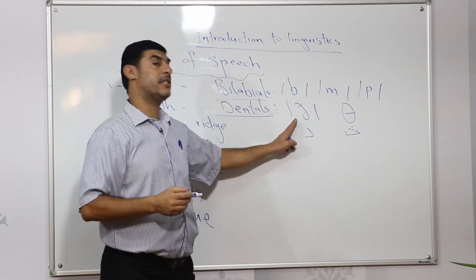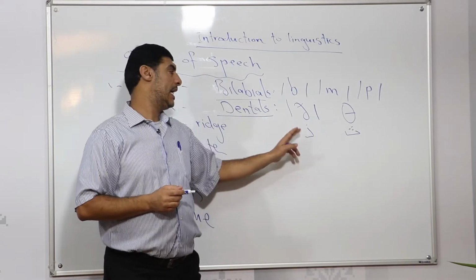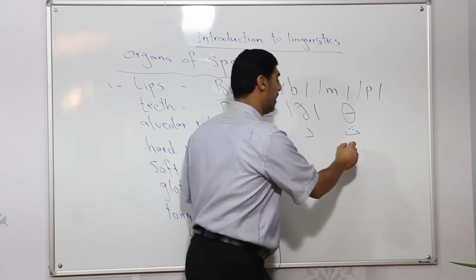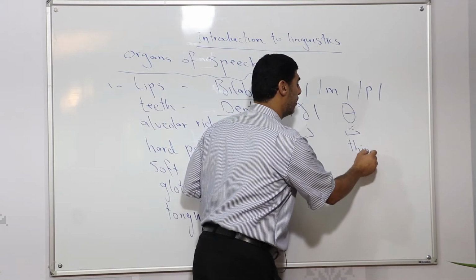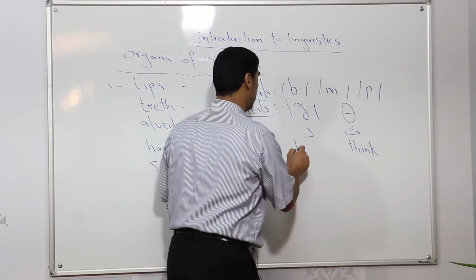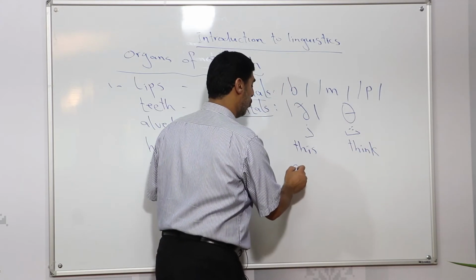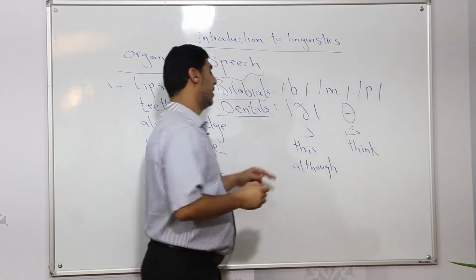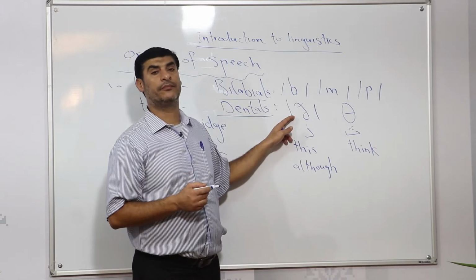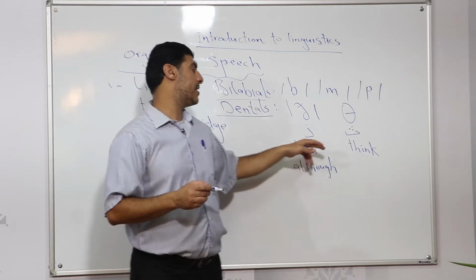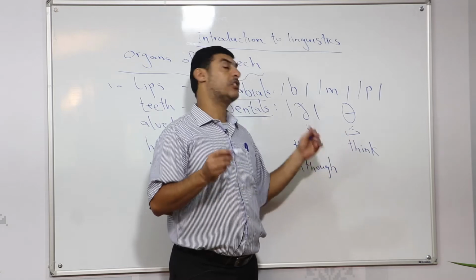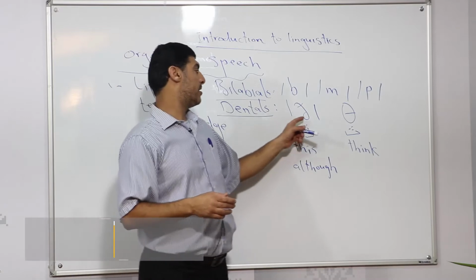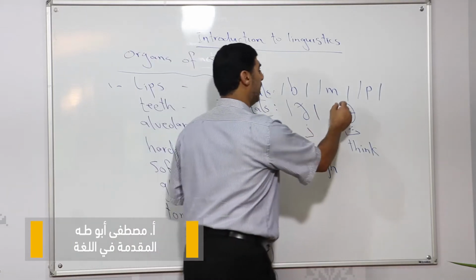So once again, this is the voiced th in the word this, and this is the voiceless th in the word think, although. Right? In English, think, think, think. So this is new for you, so you have to keep them, right?